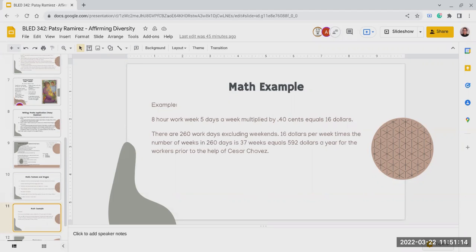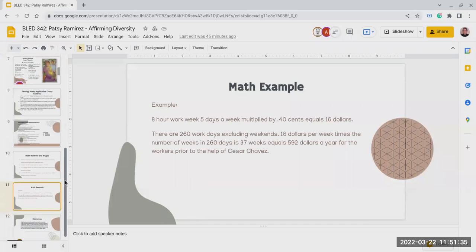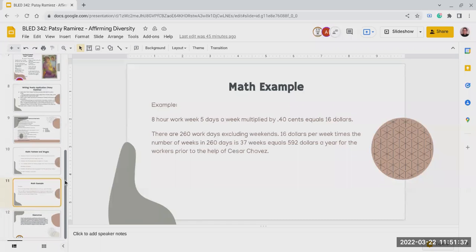This is the entire problem, but you just break it down into a word problem. So essentially, the way I broke it down was we'll say there's 8-hour work days, 5 days a week. You multiply that by 0.4, which is 40 cents, and you get $16 a week. After that, you would find that there's about 260 work days, excluding weekends, in the year.